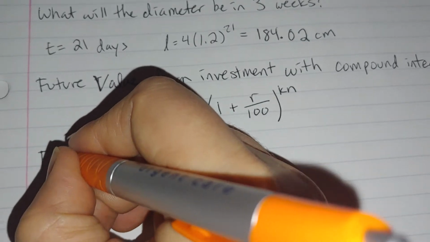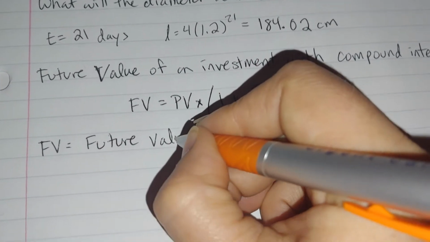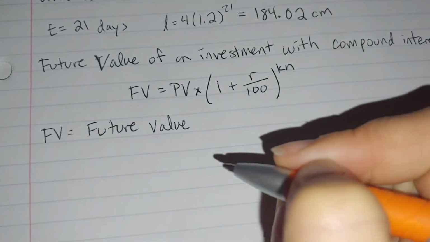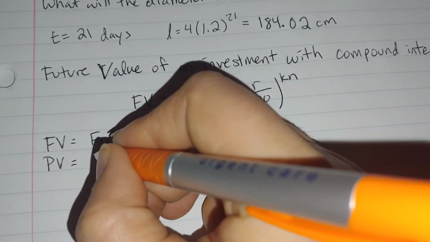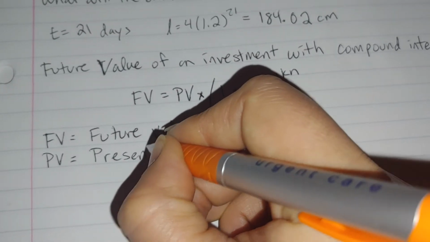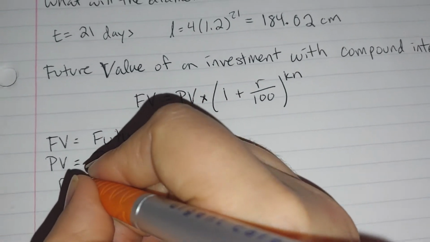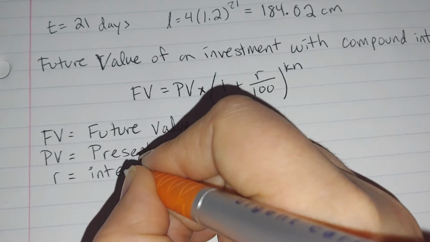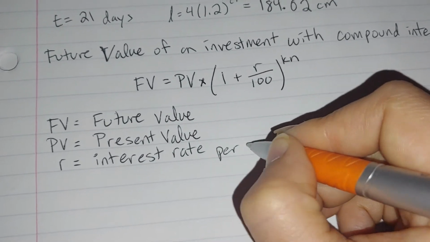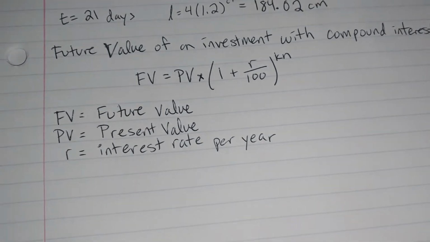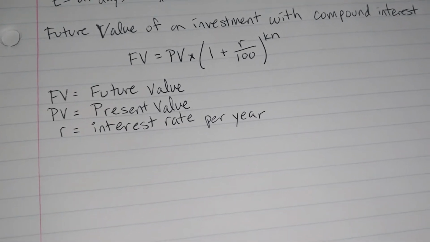So we've already said that FV is the future value. PV is the present value. R is the interest rate per year, not per month, not per week, per year. So you may have to do some sort of conversion factor there depending on the problem.